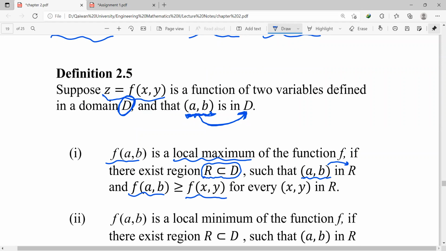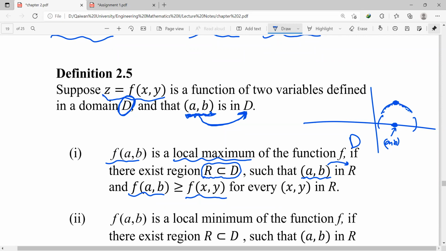Let's say this is D, the domain. In the domain, if we pick an interval, and in this interval we have (a, b), if at (a, b) the function is at maximum, we say the function is at maximum at (a, b) if f(a, b) is greater than all of its neighbors.